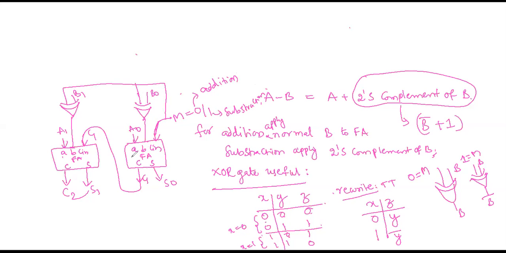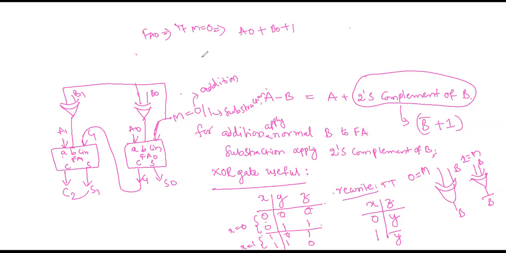Because see here, for example, FA0, FA1. Look at the FA0 full adder. If M is equal to 0, it will do the addition A0 plus B0.